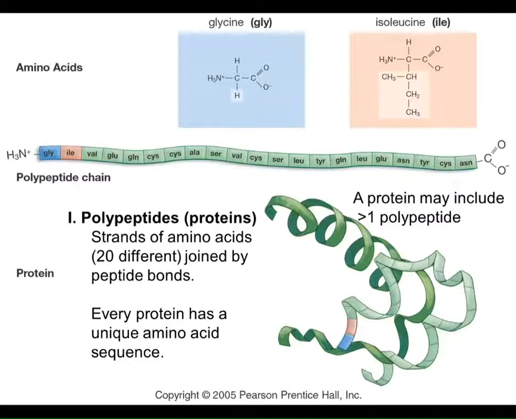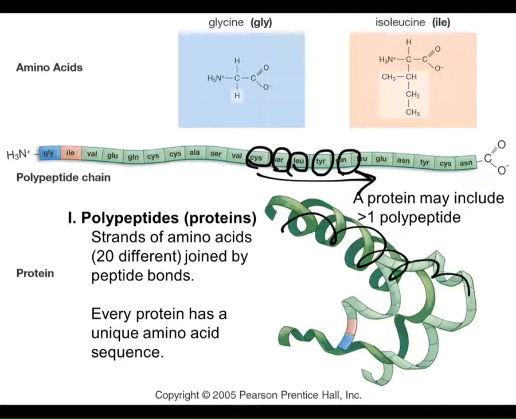You're not responsible for the names here, but for example, Cys, Ser, Leu, Tyr, Gln, these are all amino acids. And they're linked together to make this long thing called a protein. And then what the protein does is it winds up into this arrangement. And that is the final three-dimensional structure of the protein.